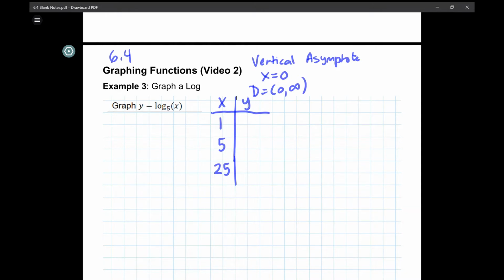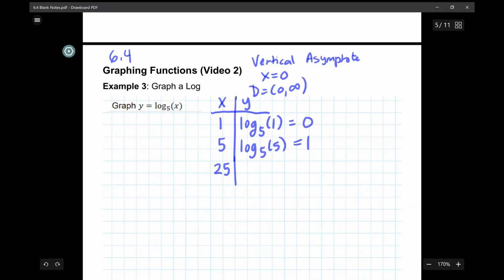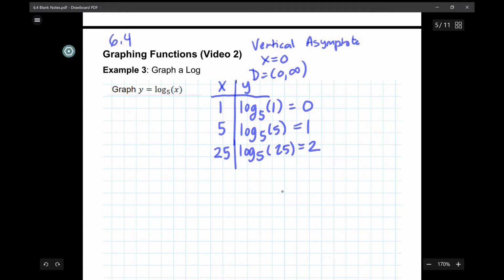If x is 1, log base 5 of 1 is equal to 0, since 5 to the 0 is 1. Log base 5 of 5 is 1, since 5 to the 1 is 5. And log base 5 of 25 is 2, since 5 squared is 25. So we have the points (1, 0), (5, 1), (25, 2).